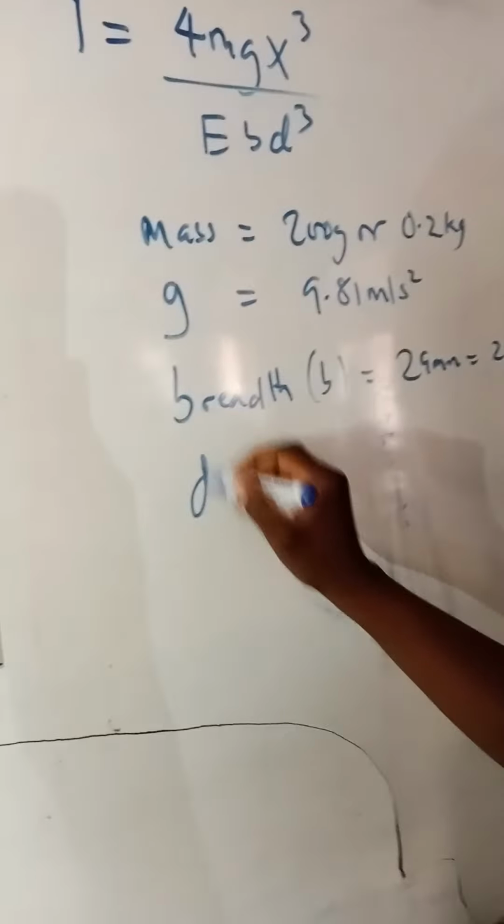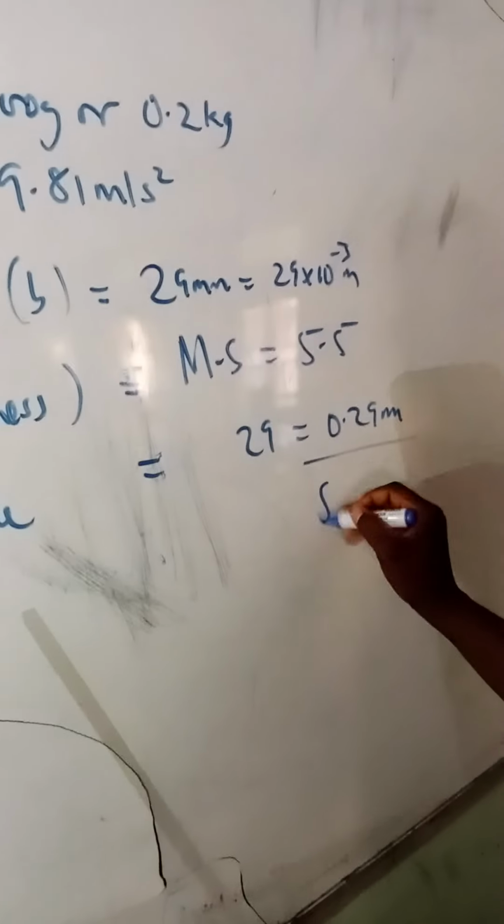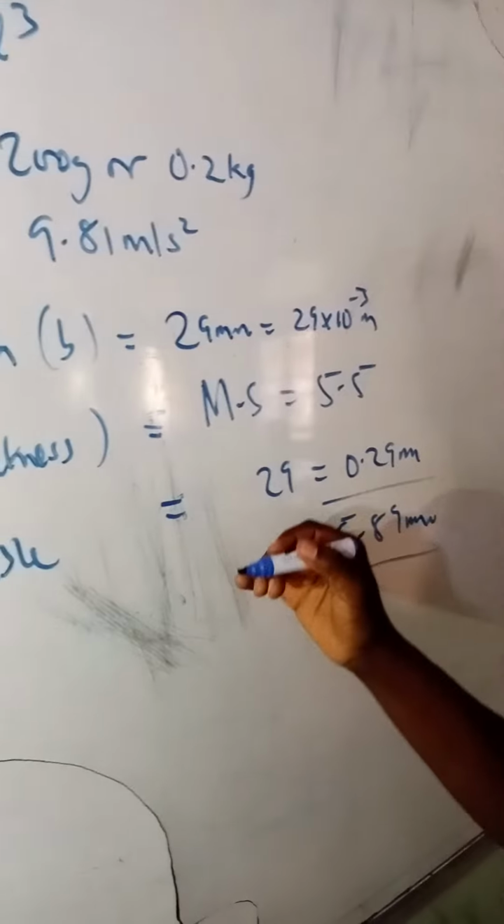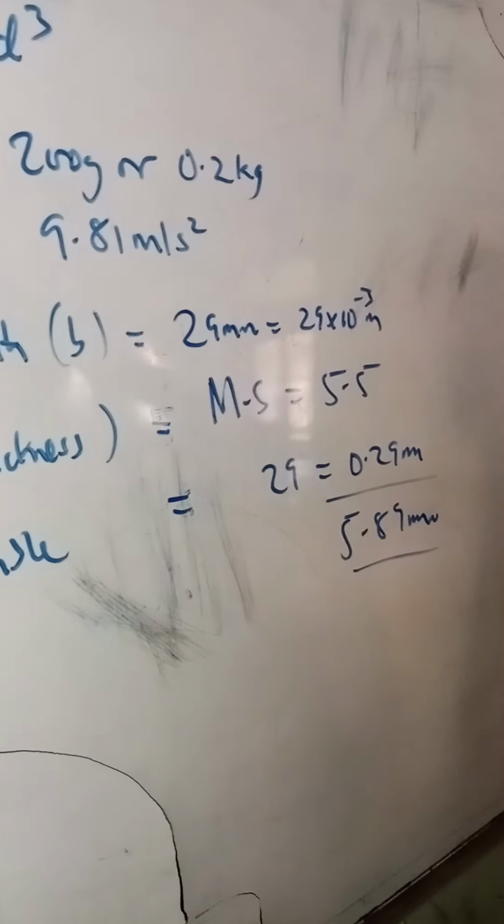We can see the main scale of the micrometer screw gauge is 5.5, while we record the thimble scale. The thimble scale coincides at 29 reading, which is 0.29 millimeters. When we add these, we get 5.89 millimeters as our thickness for this meter rule.